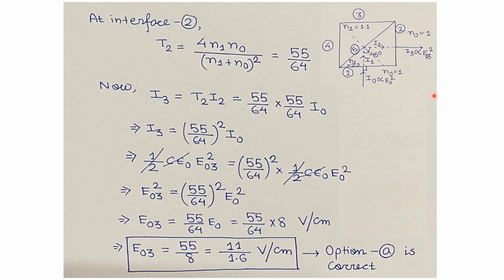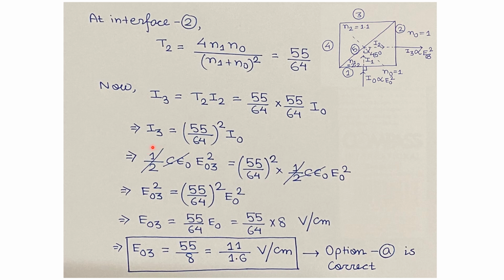Now the intensity of the EM wave in region 2, given by I3, is basically T2 times your I2. Now T2 is 55 by 64 and I2 we have calculated in the previous slide, that is 55 by 64 I0. So your I3 is 55 by 64 whole square multiplied with I0.